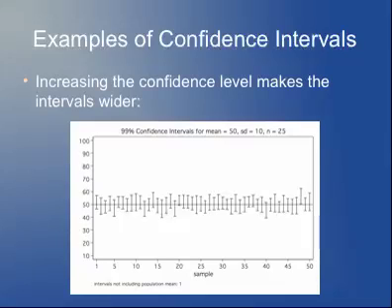In this case, there's only 1 that doesn't contain the true mean, and it just barely misses. So if it's important to be absolutely certain that your confidence interval contains the true mean, you can make your confidence interval wider. Although in practice, I'm not sure I've seen a single published scientific paper in my entire life that ever reported a confidence interval that wasn't a 95% confidence interval. So, yeah, just mentioning that.